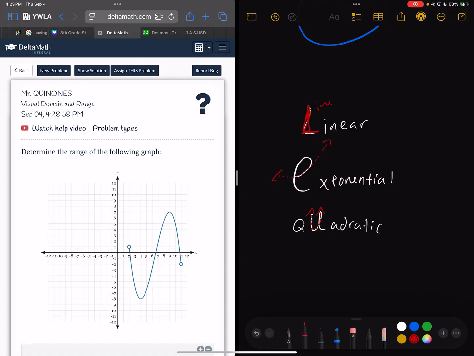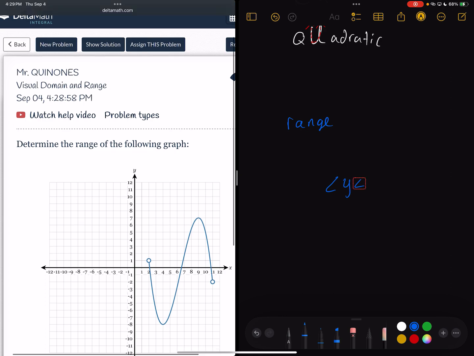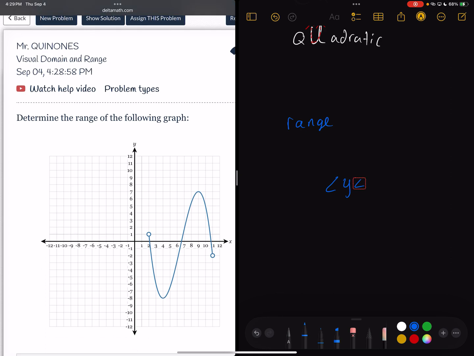Yeah, so again, if I was doing these problems, I would just start off by maybe underlining or writing which one I'm looking for. So it says range. Mr. Quiñones says that there's a skeleton for range. Less than y, less than. Okay? And then from there, I'm looking at the lowest ranges, bottom up. So I'm looking at the bottommost y value, and that's at -8.